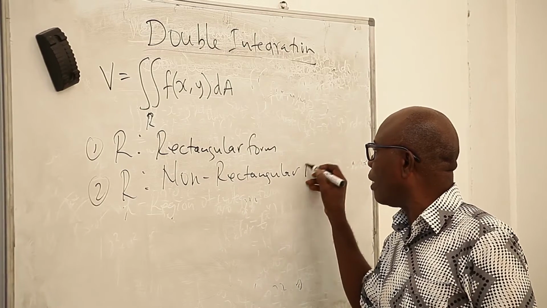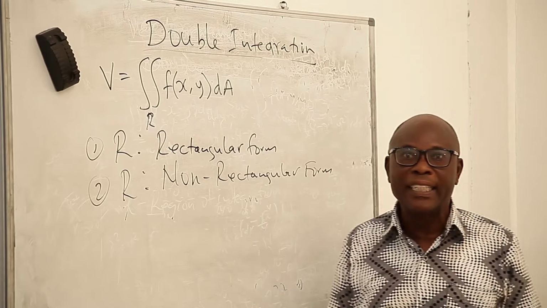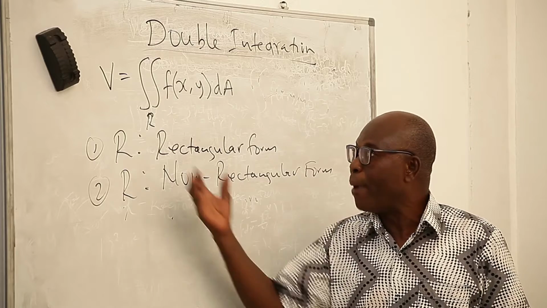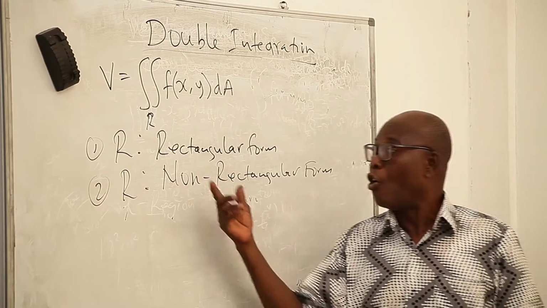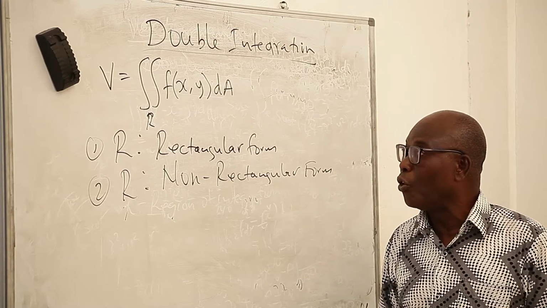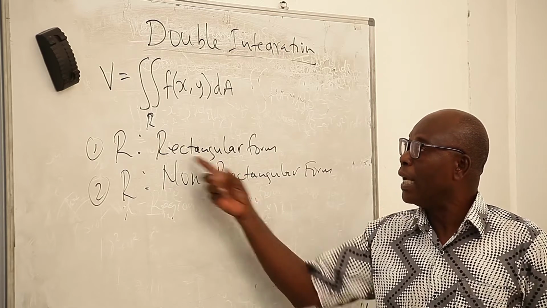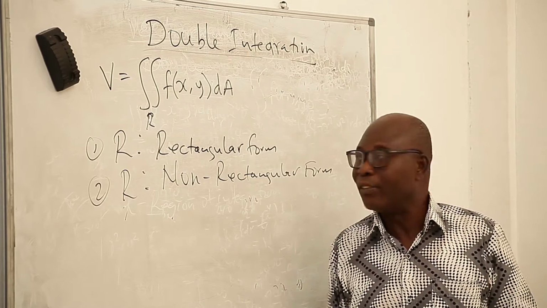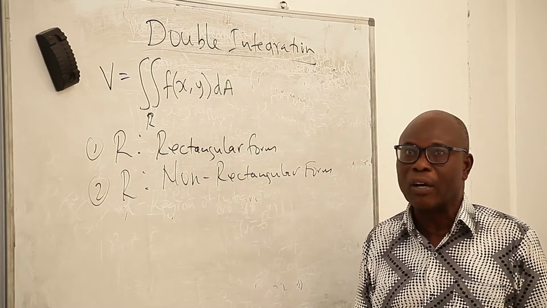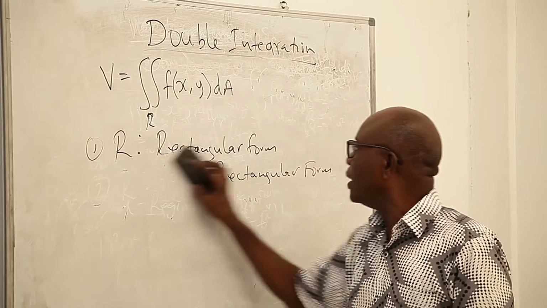In each of these cases, we need to formulate the iterated integral depending on the nature of the region of integration. We'll take the rectangular case first with an example, and after that we'll look at the non-rectangular form.